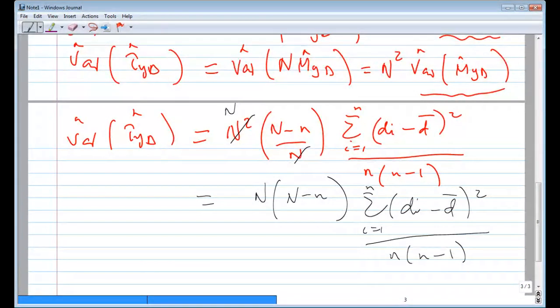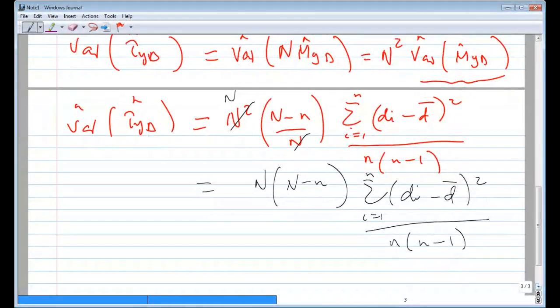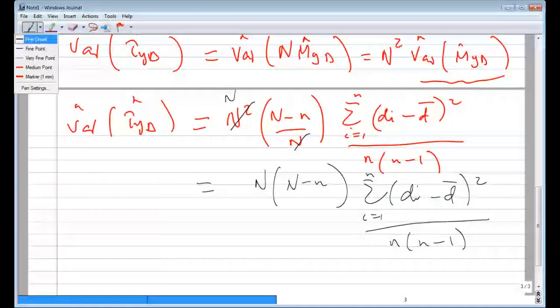It's example 5.4, I think. Example 5.4 on page 47 of the lecture notes. Let me just write it down.